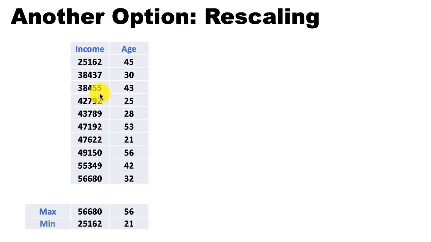So the range for income will become between 0 and 1, and the range for age also will become between 0 and 1. So they'll become completely commensurate. You will do that by calculating x minus min divided by max minus min. So x minus min is how far away from the minimum it is, divided by max minus min, which is the overall range.